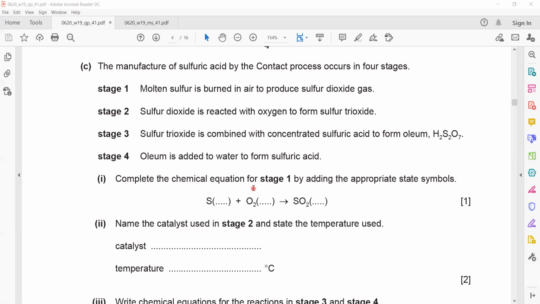Complete the chemical equation for stage 1 by adding appropriate state symbols. What are the state symbols? State symbol means how they exist. You can use the screen annotation or chat to mention the answer. The state of sulfur, state of oxygen, and state of sulfur dioxide.